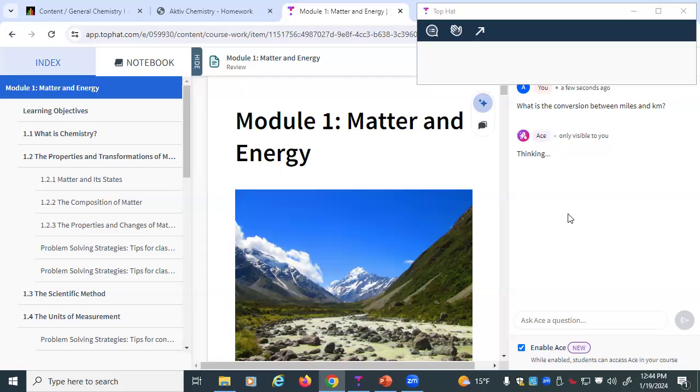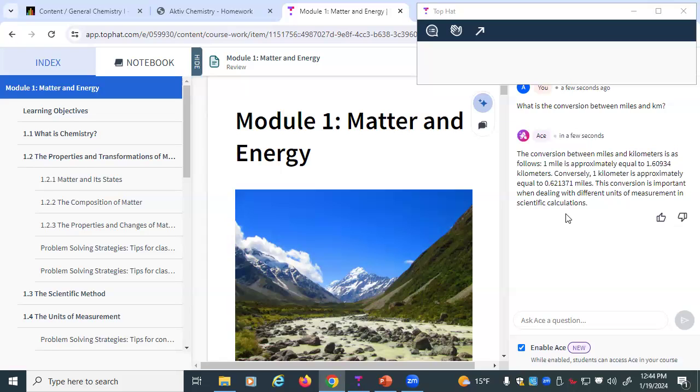Now, ACE is somewhat experimental, so it's not as fast as ChatGPT or some of the other ones that are out there, but it does give us, in this case, what we're needing. 1 mile is 1.609 kilometers. So we can use that information.